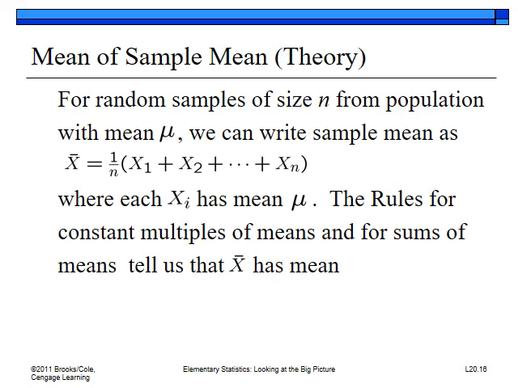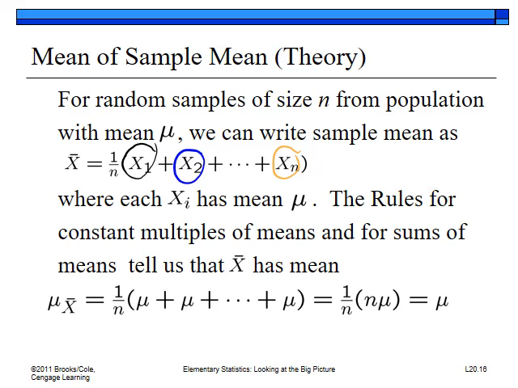So if this first value that I'm circling here has mean mu, and the second value has mean mu, and the third value has mean mu, and the fourth value has mean mu, then all those together, the average ought to be about mu.